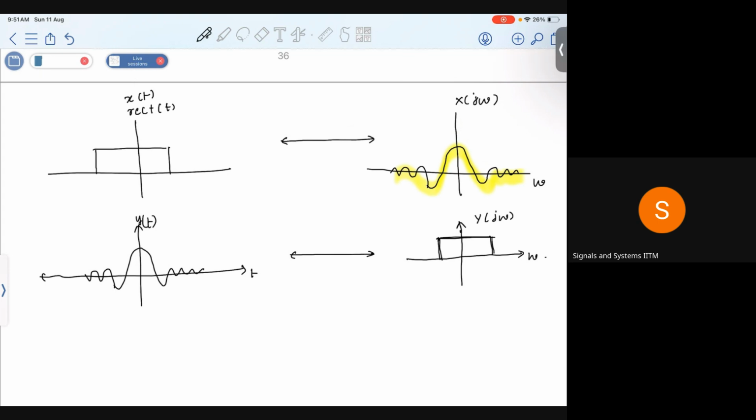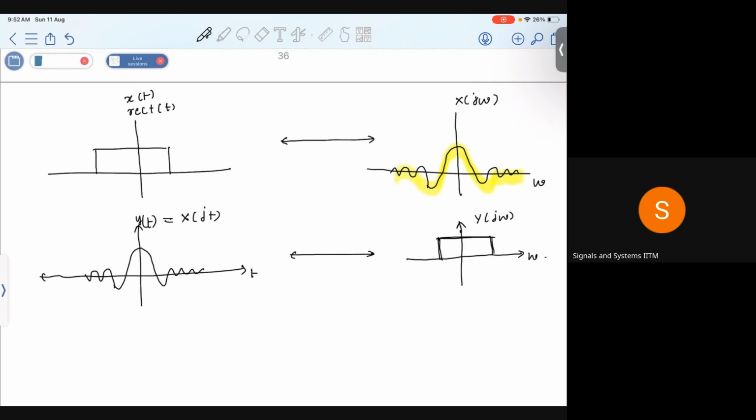Is that okay? Yes, ma'am, with some scaled terms. When we put it into the time graph, the y of t, at which point does it come? Exactly the same points.